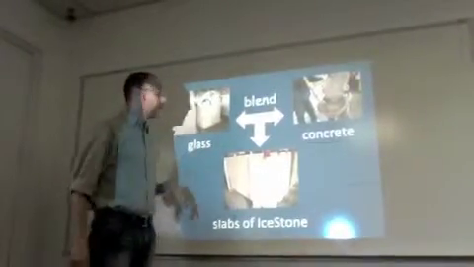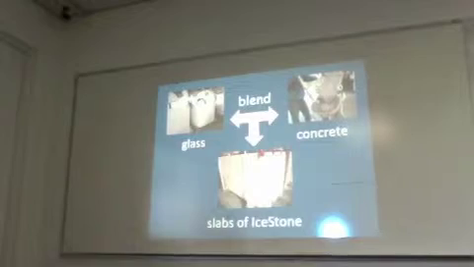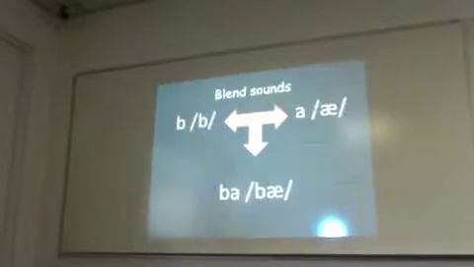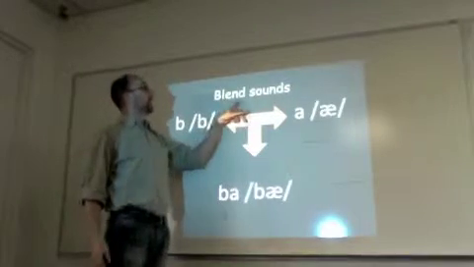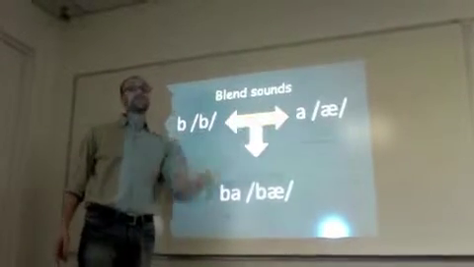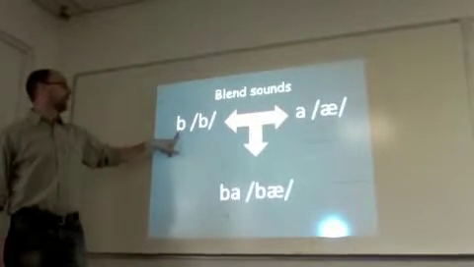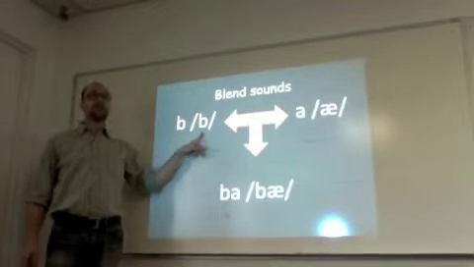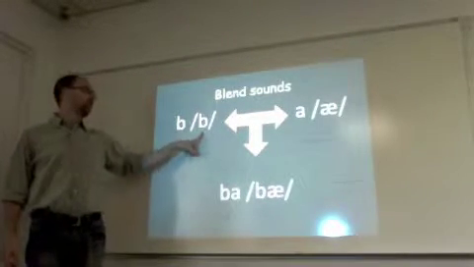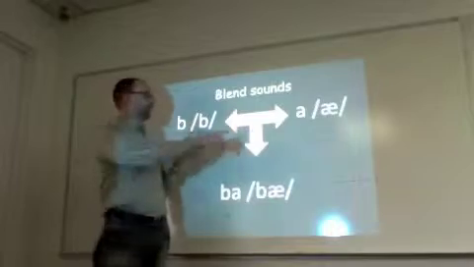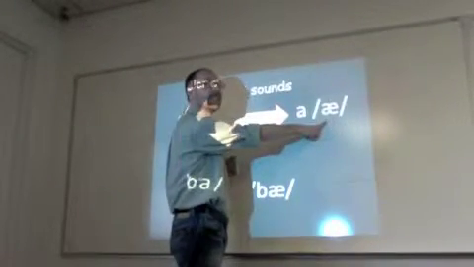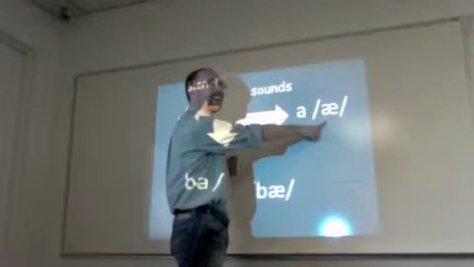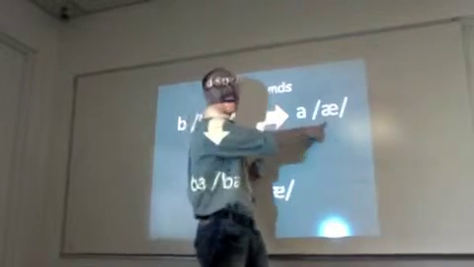You blend. So last week what we did was we started blending sounds, right? For example, we took the B sound, which is what? Ba, right? And we blended it with the short A sound, which is ah, right?